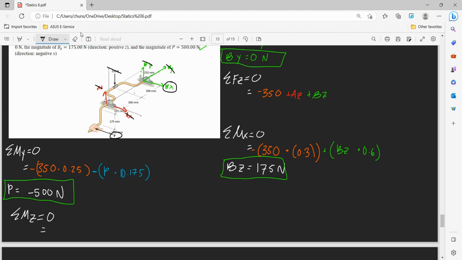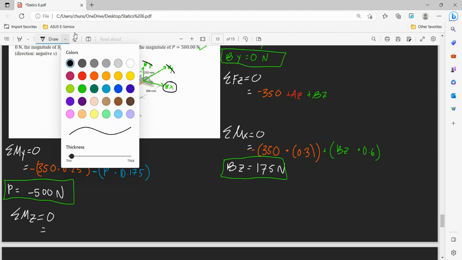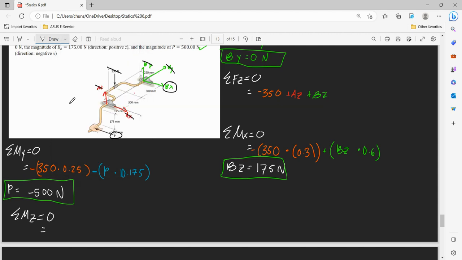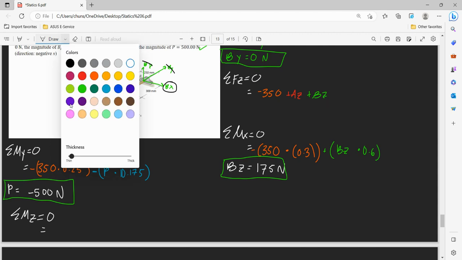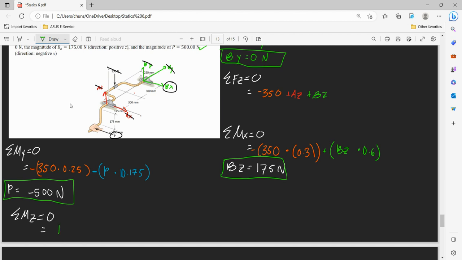And this is not through. So we're going to be solving for BX in this equation. So BX is in our x direction, and we're measuring about z, so we want our y distance, which is 0.6 meters, and this is in our negative z direction.